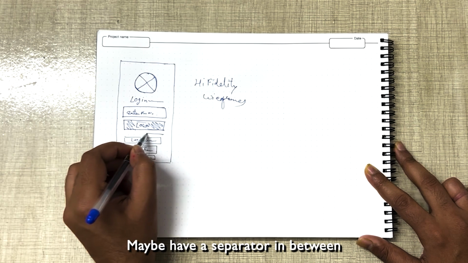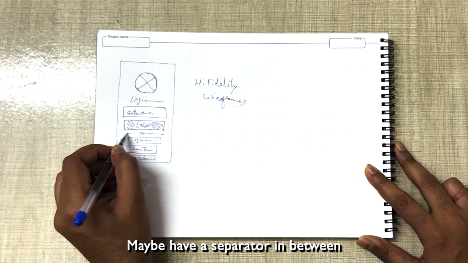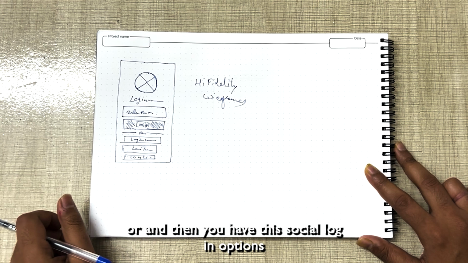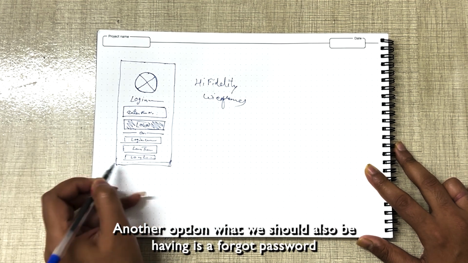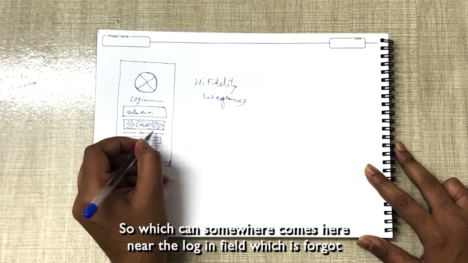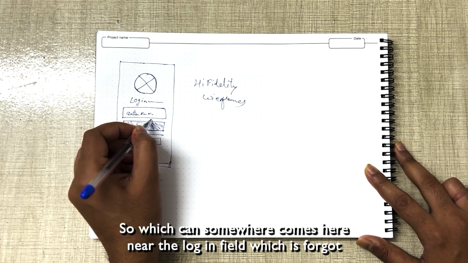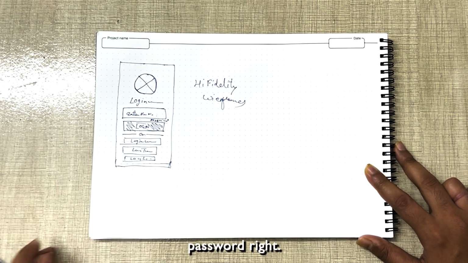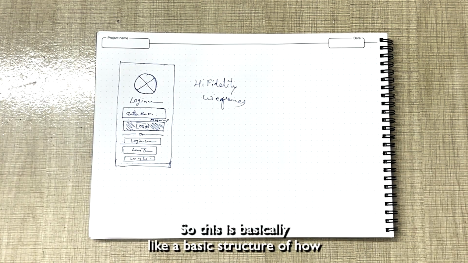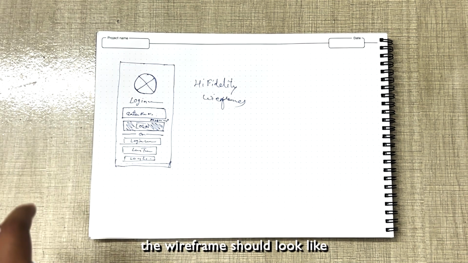Maybe have a separator in between, or, and then you have the social login options. Another option we should also be having is a forgot password, which can come somewhere near the login field. All right, so this is basically a basic structure of how a wireframe should look.